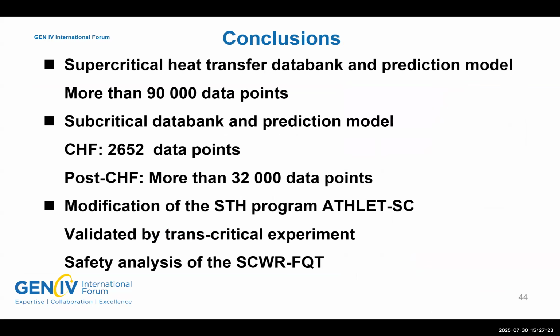So the supercritical heat transfer data bank and prediction model is very important. And also the subcritical data bank and the prediction models are also very important, especially near the critical point. That means the pressure region is from the PWR case to the SCWR case.